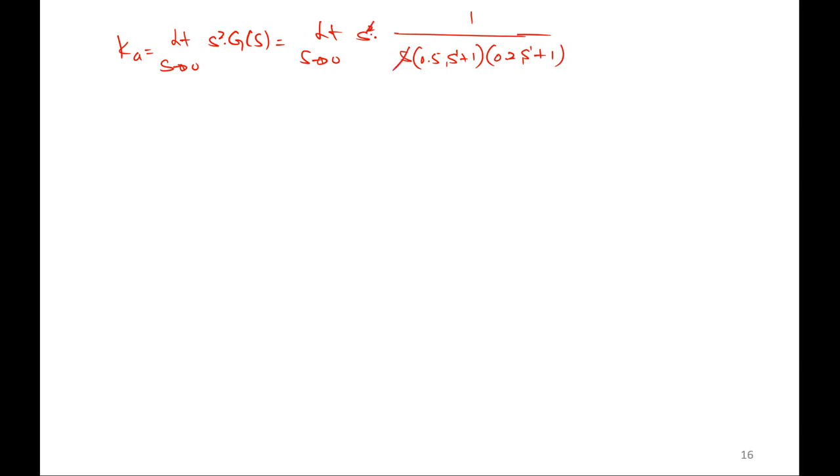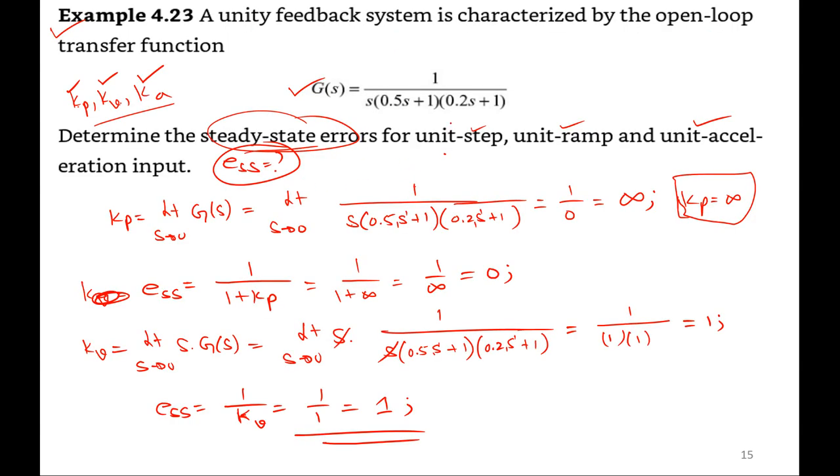Substitute s equal to 0 and I get 0, so Ka equals 0. The steady state error is 1 by Ka, which is 1 by 0, infinity. So ESS is infinity. We have found the steady state error for unit step input, unit ramp input, and unit parabolic input, also called unit acceleration input.